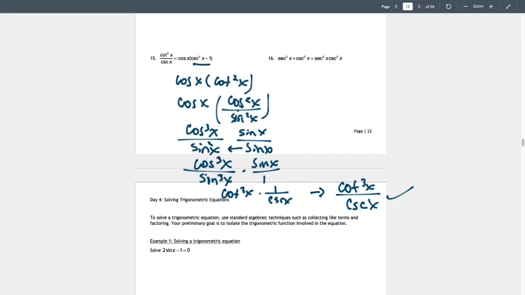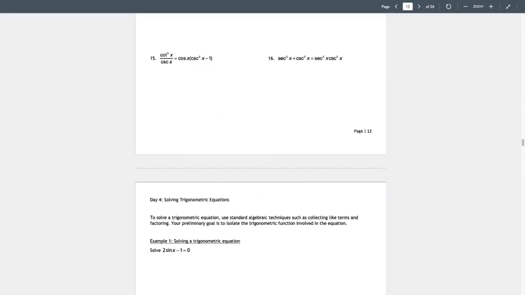All right, on the next one, I'm going to work, let's see. Sorry, I just had to erase that to give myself some room. Okay, I'm going to work this side and make it look like this side. So I'm going to change it using my reciprocal identities. Get a common denominator, so multiply this one by sine squared x on top and bottom.